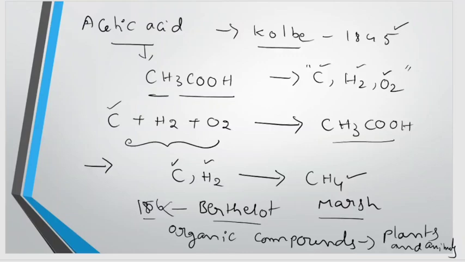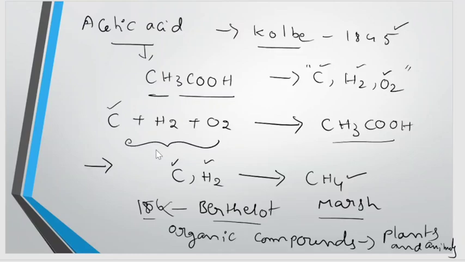So, like this, there were many attempts, and as of today we are able to synthesize even the most complex organic compounds, which are the medicines, dyes, paints, oils, etc. that are synthesized in laboratories or in industries on a large scale. All those are organic compounds.